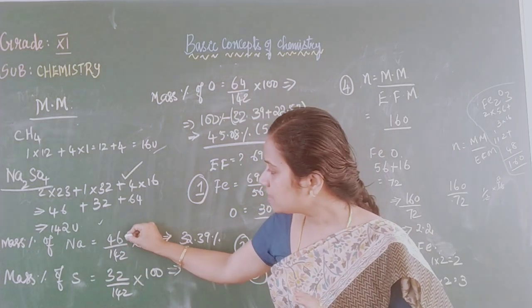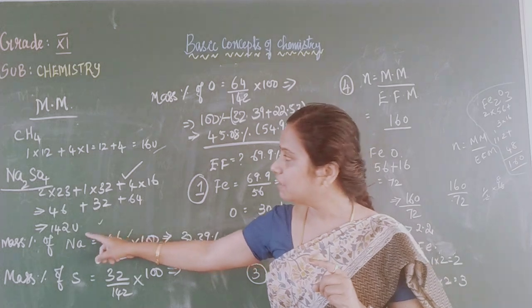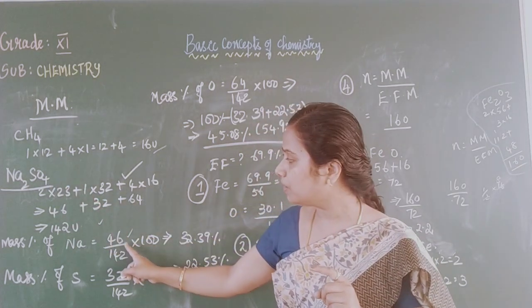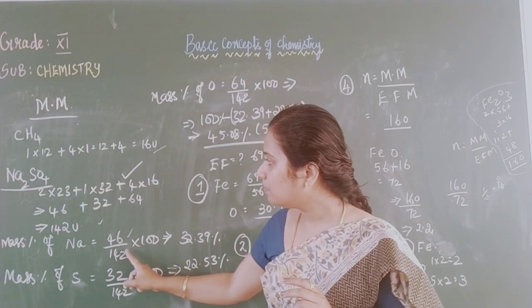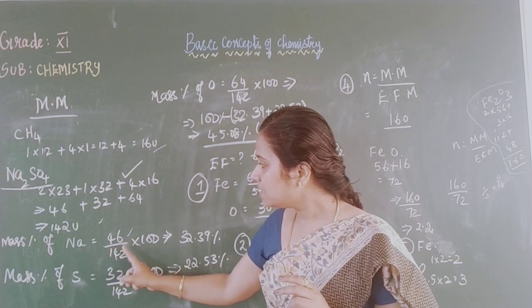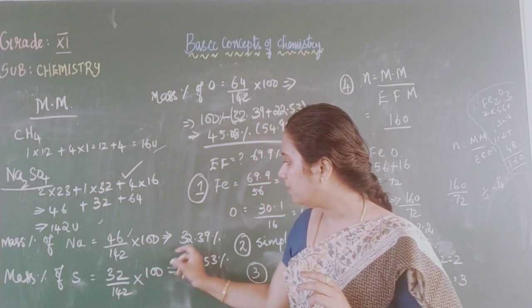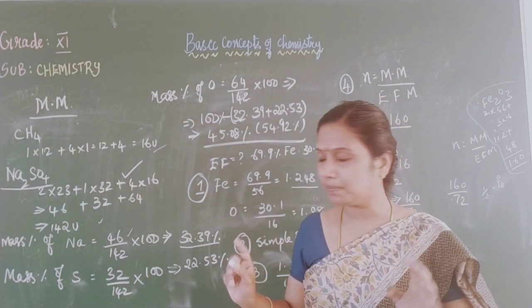So, 46 is the atomic mass of sodium. I have considered the number of atoms. If it is only NaSO4, then 23 only should come here. So 46 divided by what is the molecular mass which I have calculated? 142. 46 divided by 142 into 100. I got the mass percentage of sodium.